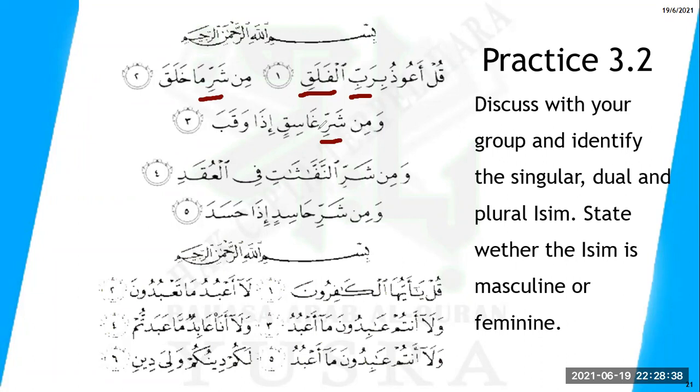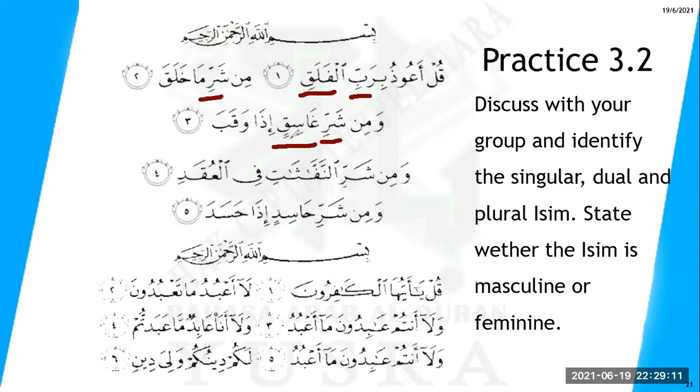Next one. Ghasiqin. Where's the noun, because of kasra? Is it singular, plural, masculine, feminine? It's masculine. What noun type is that? Passive? No, it's the other one, it's active.